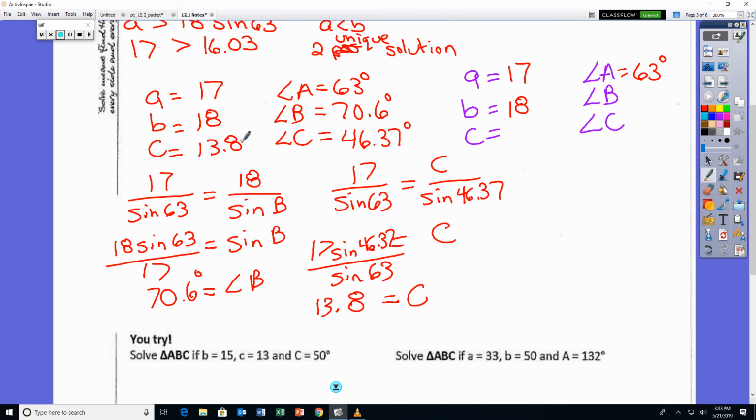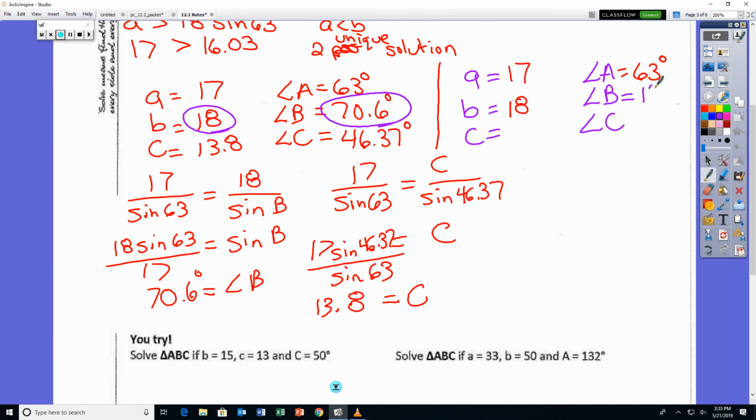Now, as I said earlier, we have two different sets though. We need to also find our second answer set over here. The 17 and the 18 don't change, the 63 over here won't change. Now, the one thing that does change is this angle that they gave us. Since b was given to us, but the angle paired with it was not, this is what we use to be able to get our whole other solution.